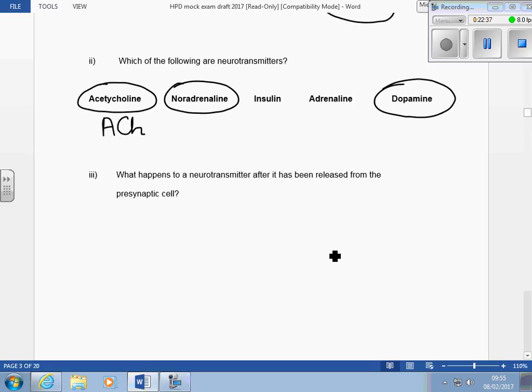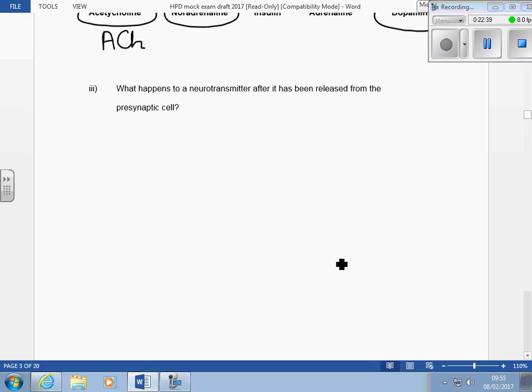Okay. What happens to a neurotransmitter after it's been released from the presynaptic cell? First of all, no, first thing is it's got to bind to the next cell. It's not removed straight away. So it crosses the synaptic cleft.